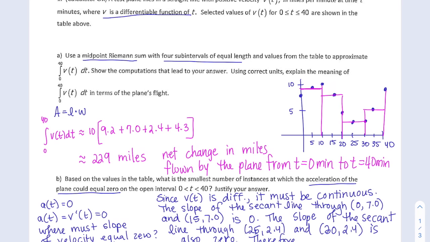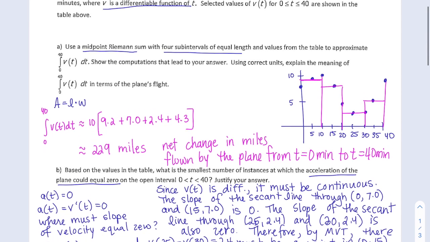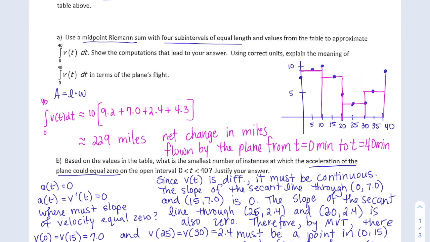Therefore, by the mean value theorem, there must be a point in 0 to 15 and 25 to 30 where v prime of t equals 0. So my answer is technically 2 times. The minimum number of times is 2. There's my justification.